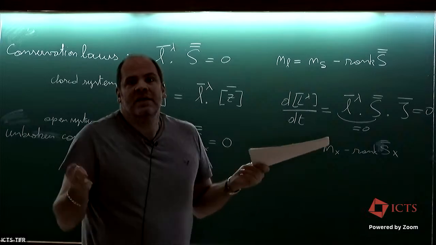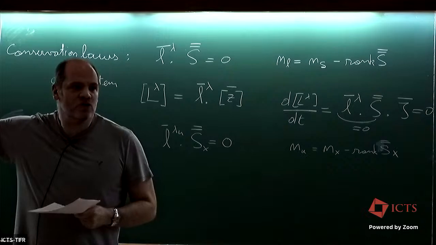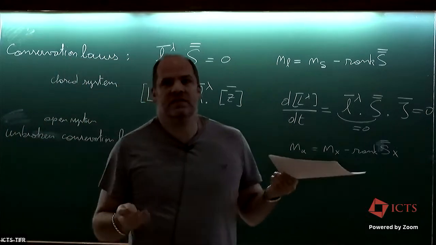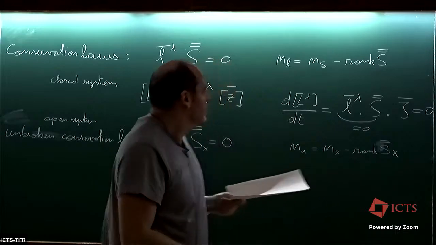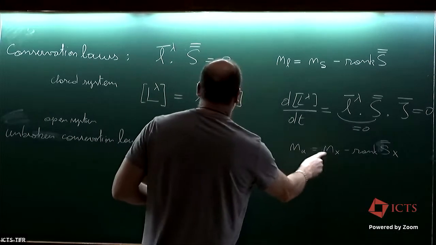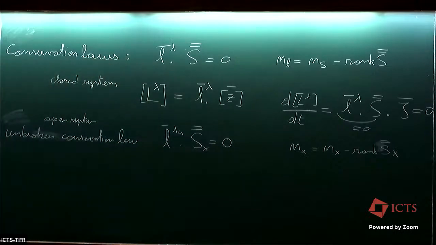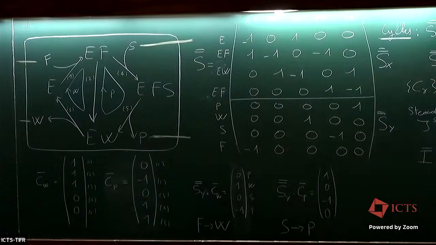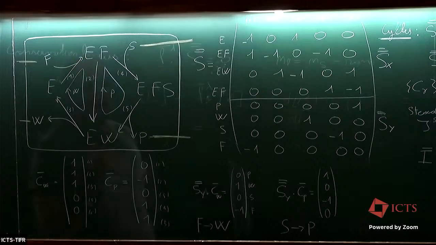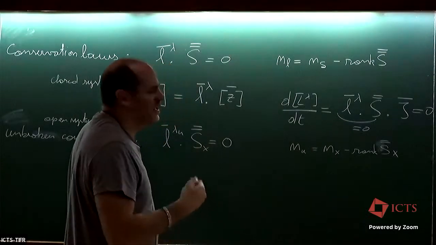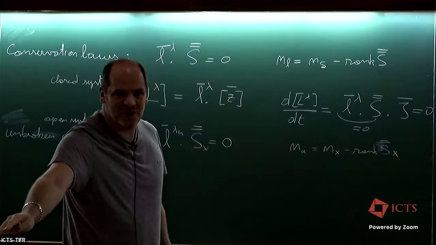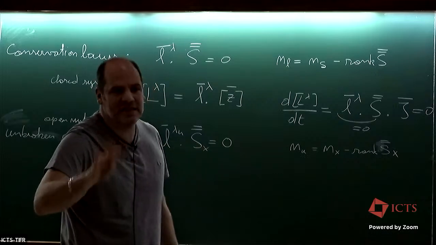Because if your stoichiometric matrix is well constructed, you account for all mass in your system. So once you start adding the first chemostat, so that would be the first line here, once you go from here to here, you're always going to break this conservation law. So the first Y species that we add is always going to break a conservation law.